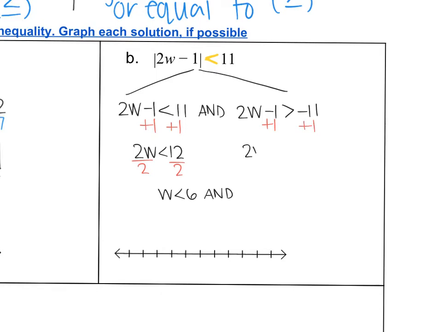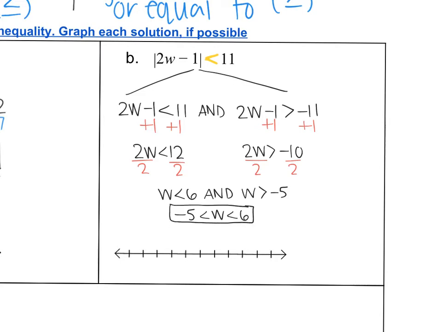And I'll get 2w is greater than negative 10. I'll divide by 2 here and get w is greater than negative 5. So if I were to write this as a string of inequalities, I'll take my smaller number first, negative 5 is less than w, which is less than 6.